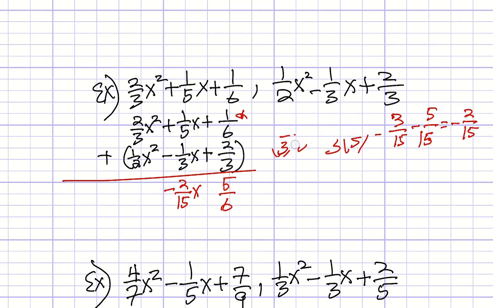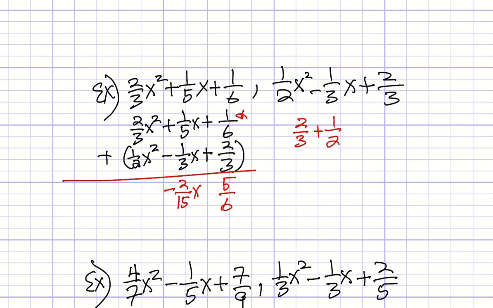It's a little bit more involved, but you take your time, do it right, don't worry about that. We're doing the same thing with the same coefficient. We do 2 over 3 plus 1 over 2. So we'll use our trick again.